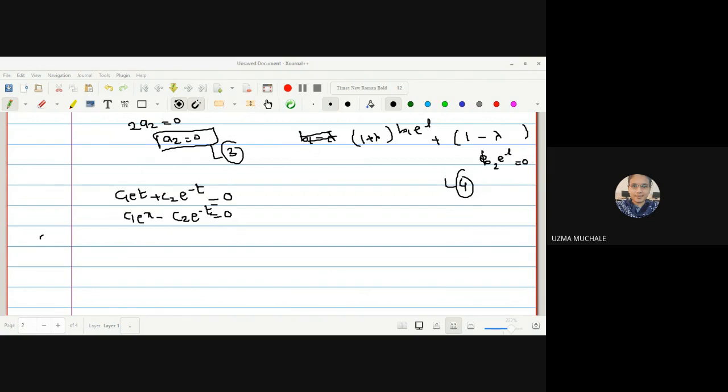Solving these equations for c1 and c2 is easy. I will write down directly: c1 is equal to minus e raised to t by 2, and c2 is equal to 1 upon 2 e raised to t.